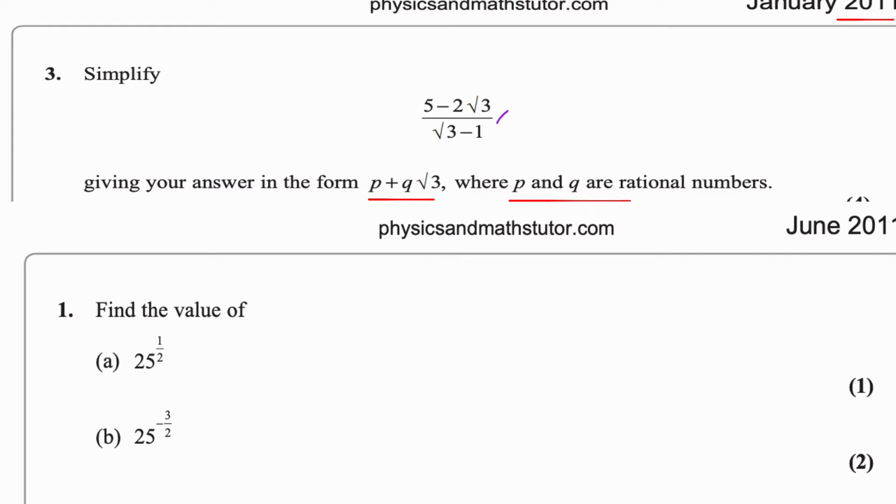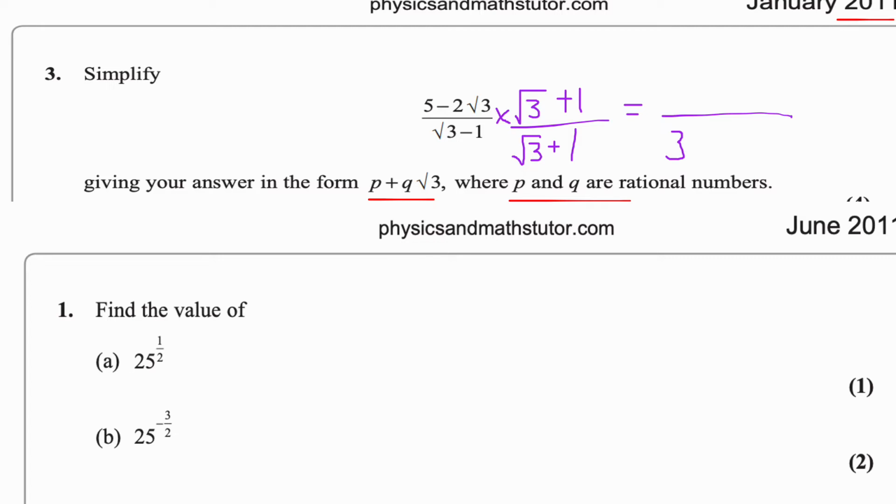What that means is I'm going to multiply top and bottom by the denominator, but changing the sign to a plus. The reason for that, guys, will become clear in a second, but essentially I end up having the difference of 2 squares on the denominator, so I no longer have a third on the bottom of my fraction. Root 3 times root 3 is root 9, which is going to be 3.